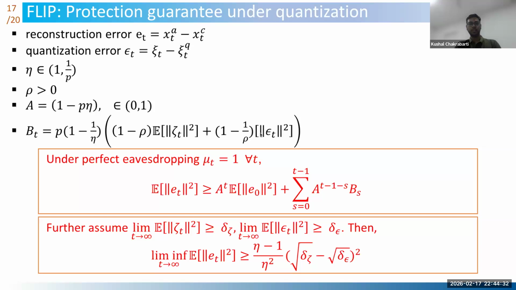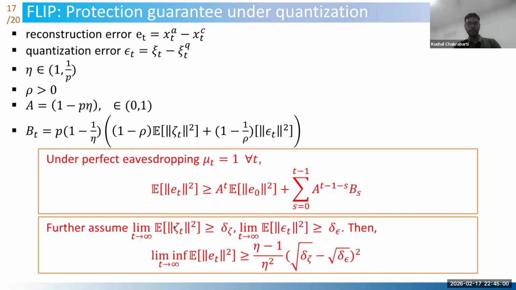When this quantization error is not there, you can see that the second component will be 0, and B_t will be just this due to the model mismatch. But when we introduce any quantization, you have a positive influence on B_t, and that means you have a positive influence on this lower bound of the protection. So that is why when you do quantization, your protection of FLIP always improves for all finite time.